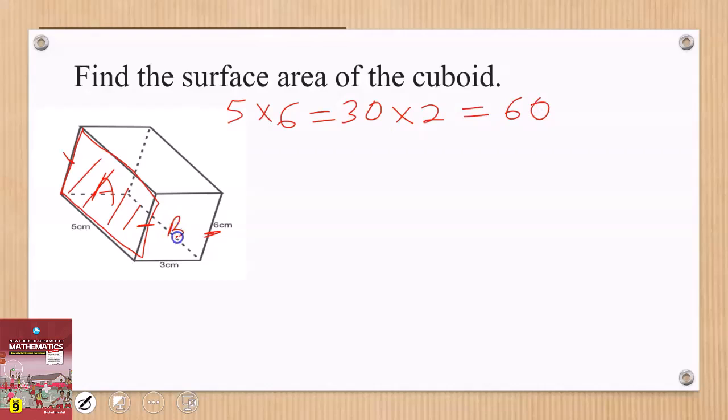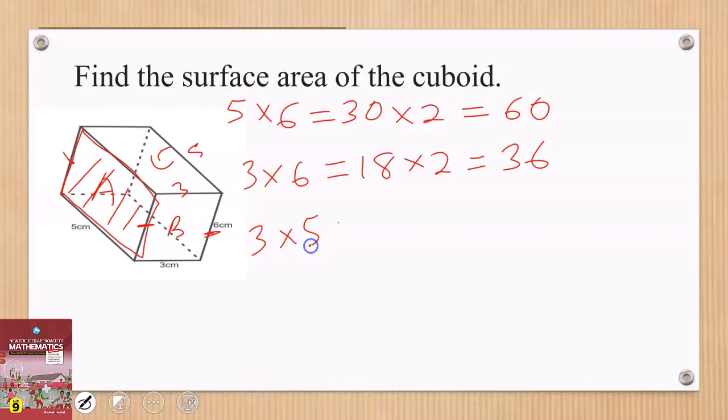Then let me call this area B. Area B is 3 times 6, and that will give us 18. Then times 2 of this size will give us 36. Then the third area C is the top, and the top is 3 times the 5 here. So 3 times 5 will give us 15, also times 2 will give us 30.